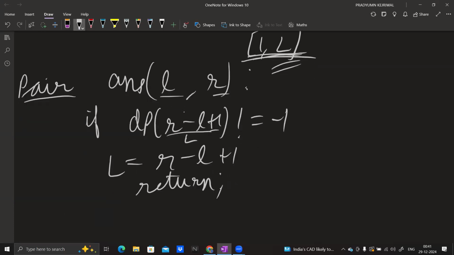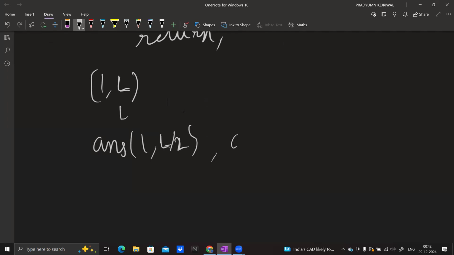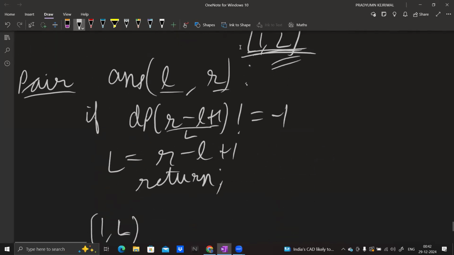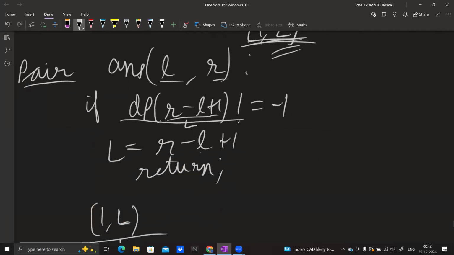So we need to calculate 1 comma L, and to do that we'll call the answer for 1 comma L by 2 and the answer for L by 2 plus 1 comma L. I'll call both of these answers, then merge them to find this answer, and store it in dp of L.